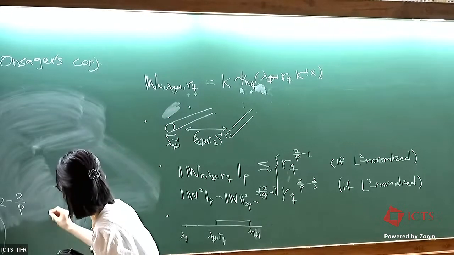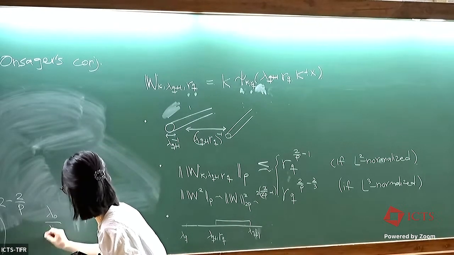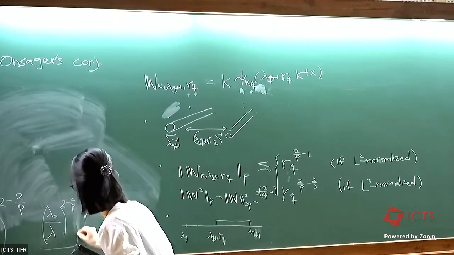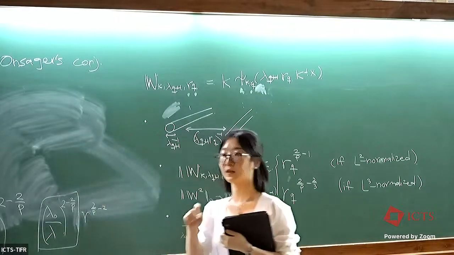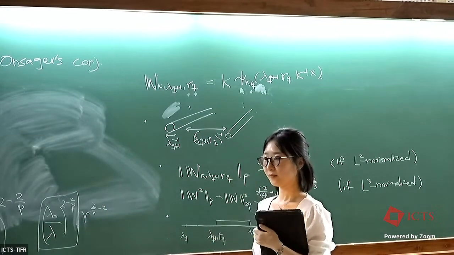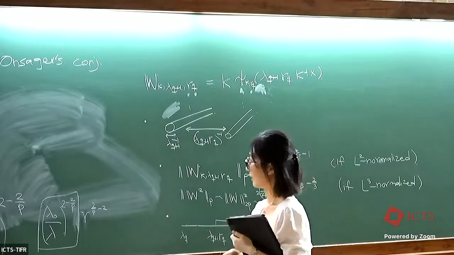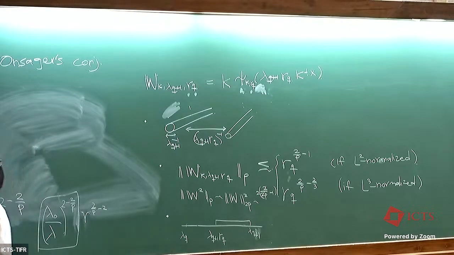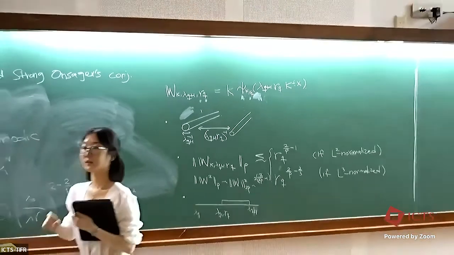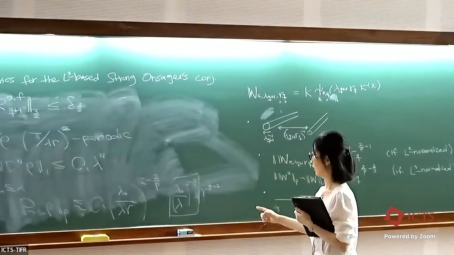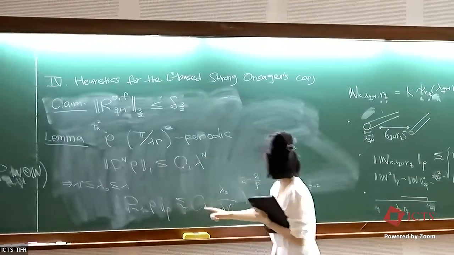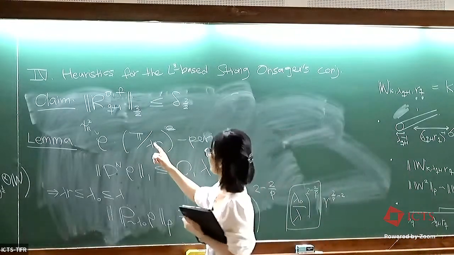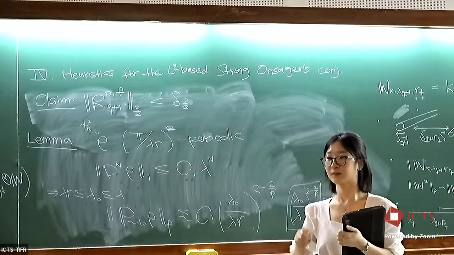But here there's extra gain, lambda 0 over lambda to the 2 minus 2p. So there's extra gain in terms of size. And you have more gain if this lambda 0 gets close to the minimum. And this was actually why when you apply L infinity norm, when this lambda 0 is the largest frequency, it was the worst case.